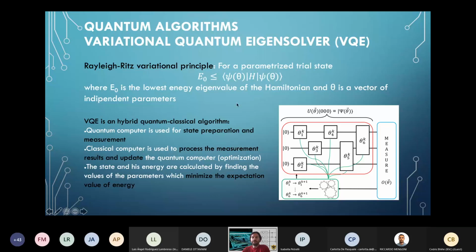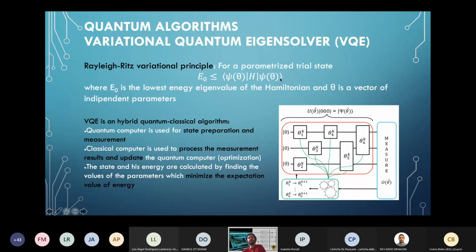So this is how the variational quantum eigensolver works, which is, as you can understand, a hybrid quantum classical algorithm. The quantum computer is used to prepare the state, so state preparation. And then it's also used to evaluate this expectation value.